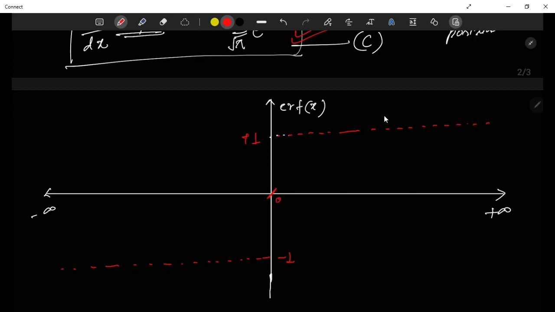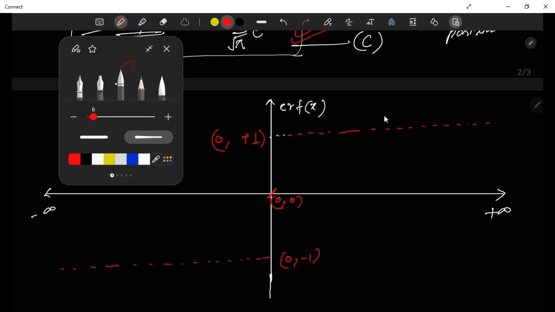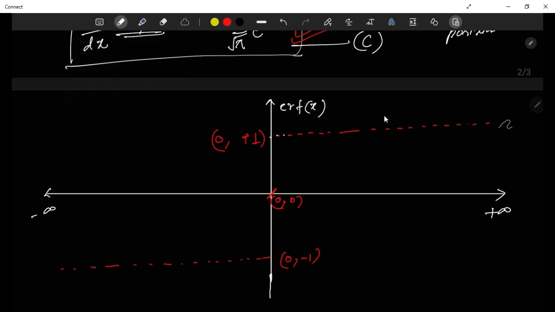This is (0, minus 1), and this is (0, plus 1). So the error function at infinity becomes positive 1. It starts from here, becomes 0 here, so it goes like this and comes like this.